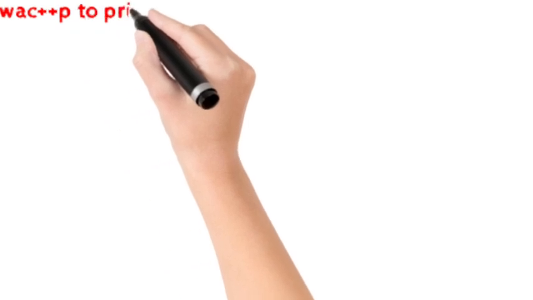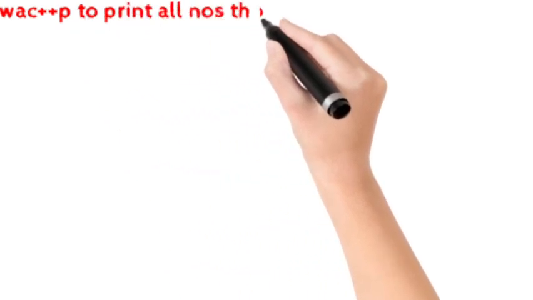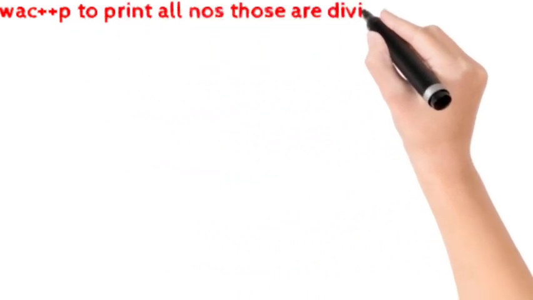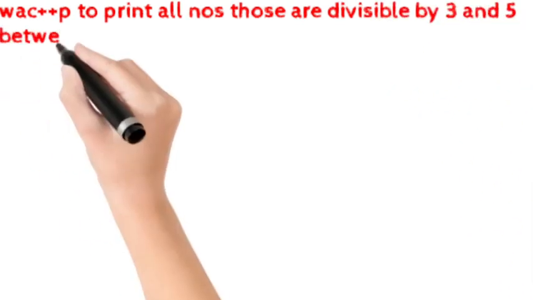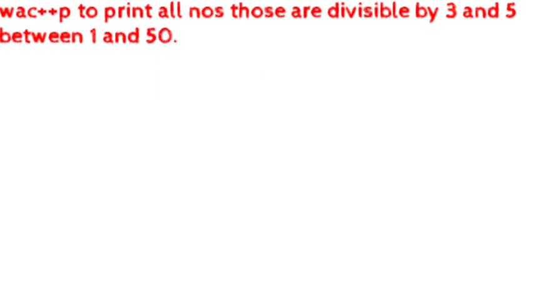Now the next question is teaching us to print all numbers those are divisible by 3 and 5 between 1 and 50. So in between 1 and 50 we have to print the numbers those are divisible by 3 and by 5. So beginning is 1 and ending is 50.